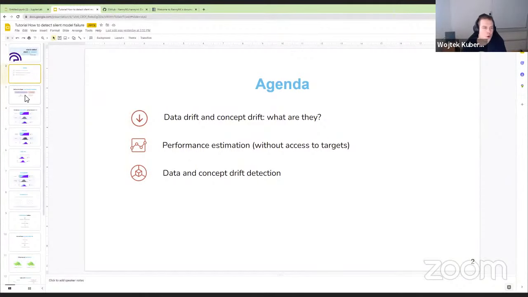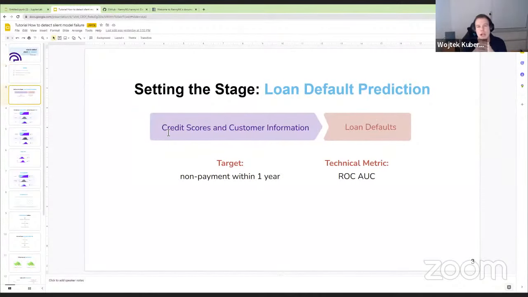Just before we jump into the first part of our agenda, let's set the stage with a typical use case that you might really want to monitor. This use case is going to be loan default prediction. We're going to be taking credit scores and customer information, and we'll try to predict whether a given customer is going to default on a loan that we intend to give them.